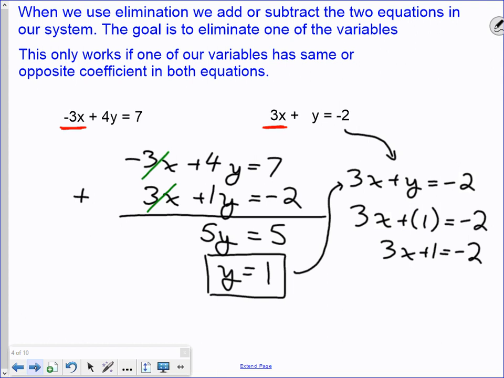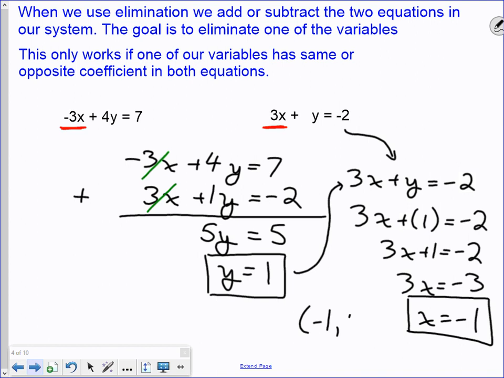I can subtract 1 from both sides. 3x is negative 3. Divide both sides by 3, and x is going to be negative 1. So our solution here is x equals negative 1, y equals 1, or the point negative 1, 1. Okay? So the key was getting these x terms to have the opposite coefficient, so we could eliminate x and solve for y.